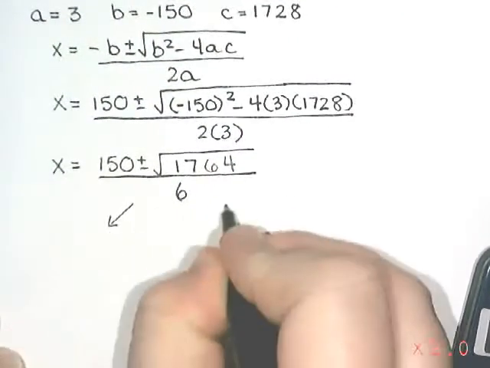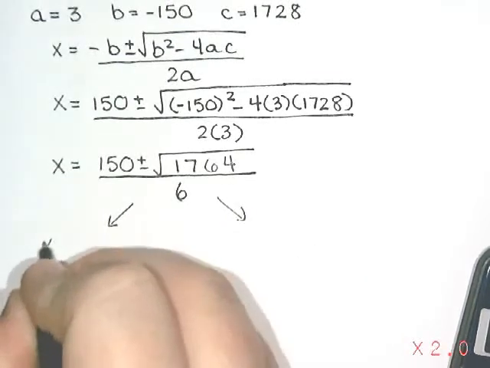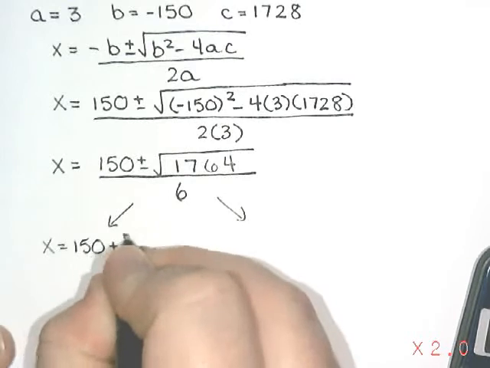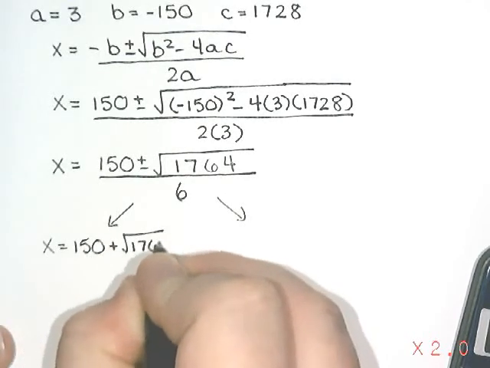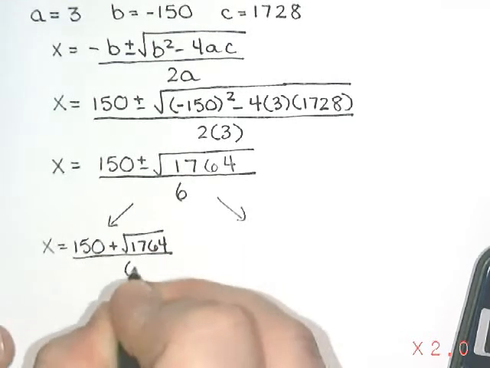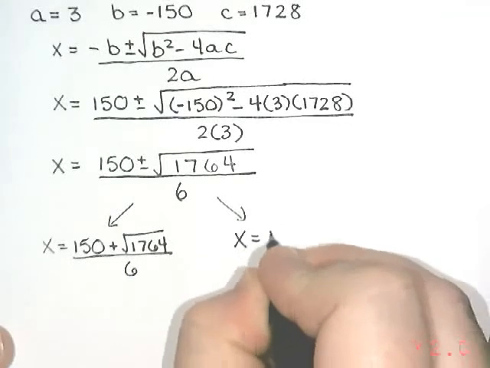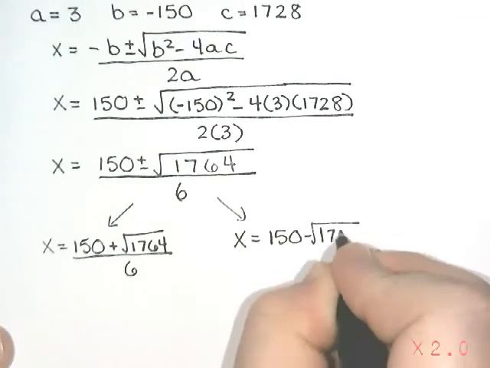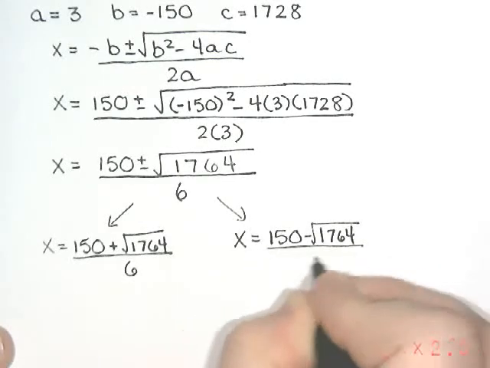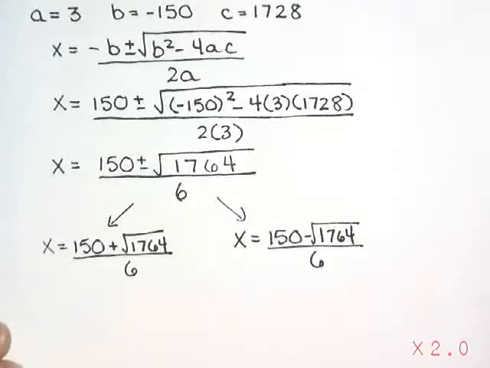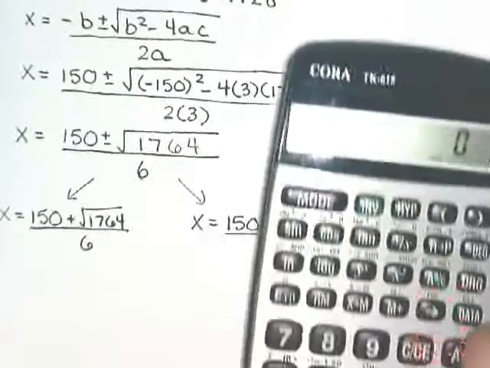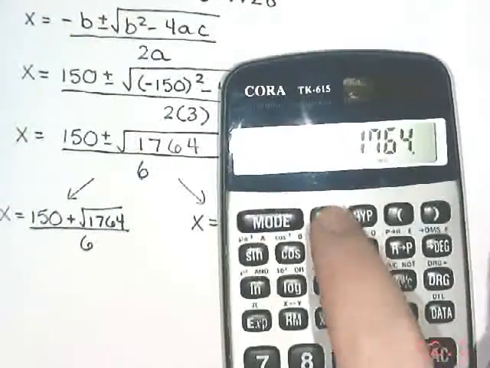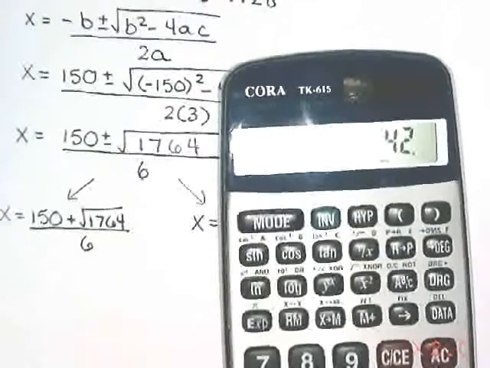We'll do 150 plus the square root of 1,764 over 6, and 150 minus 1,764 divided by 6. Now the square root of 1,764 is 42, so that worked out nicely.